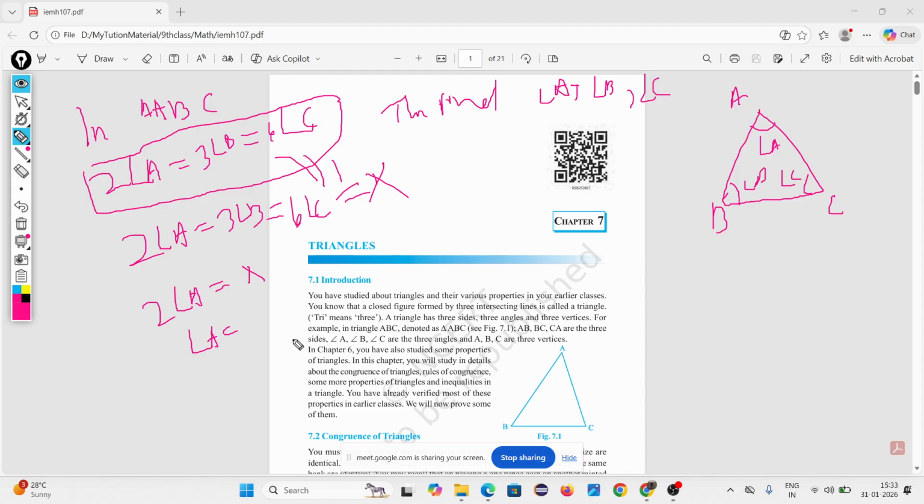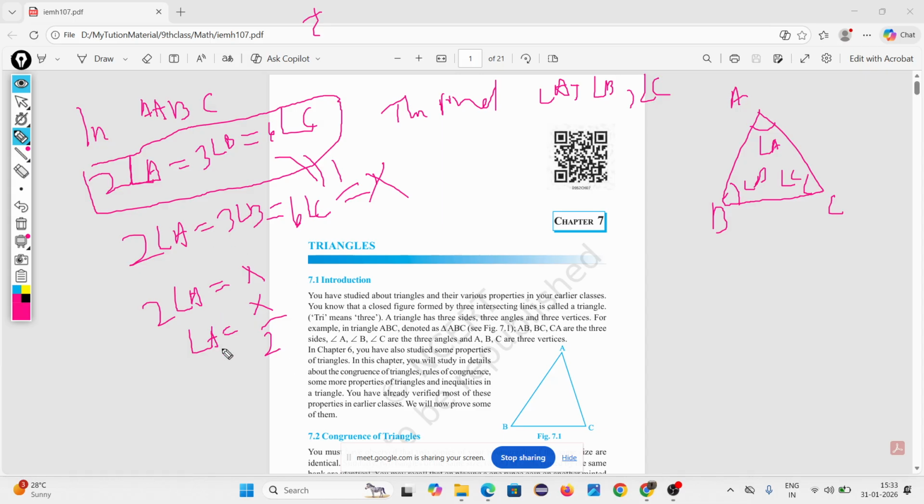X upon 2. इसमें 180 डिग्री आएगा ना x की जगह पे. Then why are we adding here? They are the same. They are not saying we add them; their measurement is the same. The angle measurement is the same.